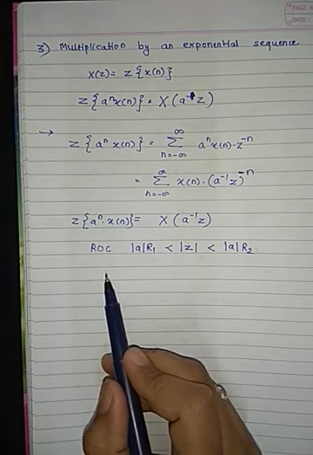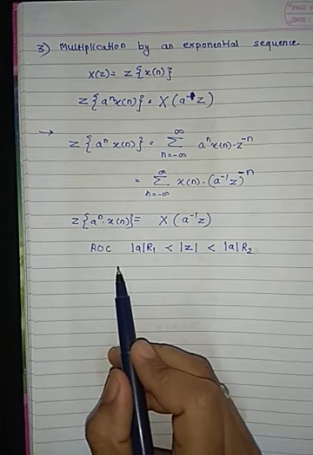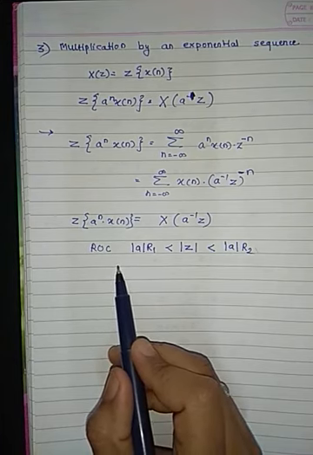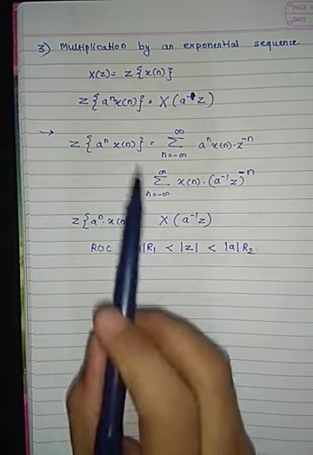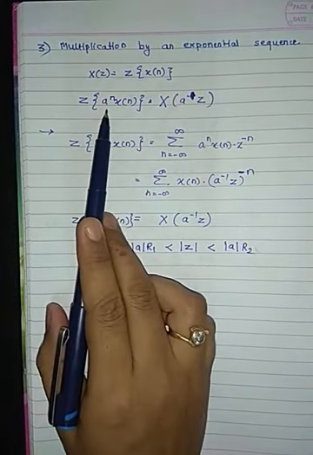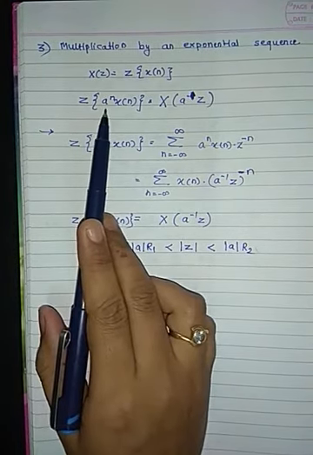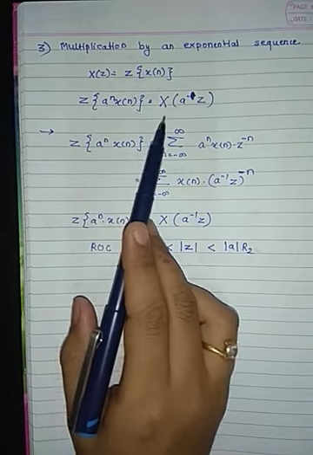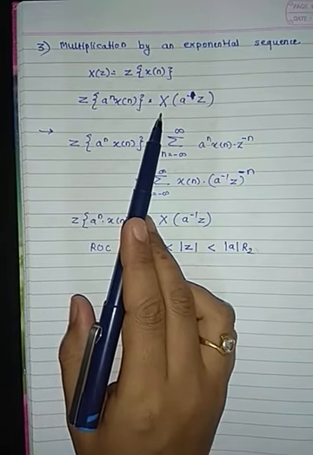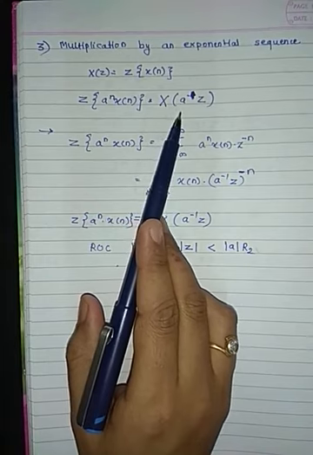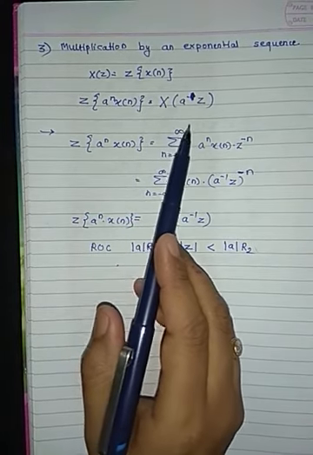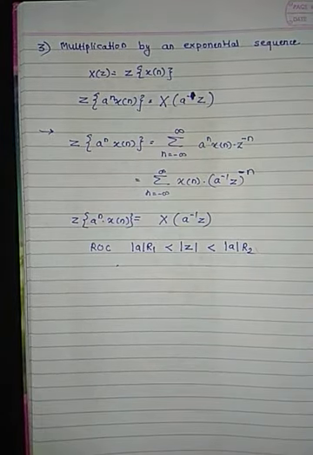The third property is multiplication by an exponential sequence, where x of n gets multiplied by the exponential term a raised to n, so the z transform of that is X of a raised to minus 1 into z. These three properties we have considered in today's session.